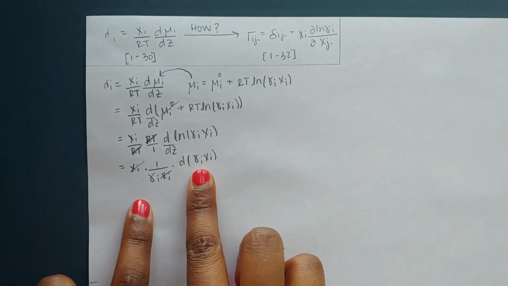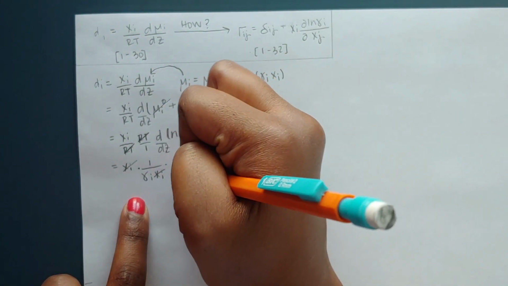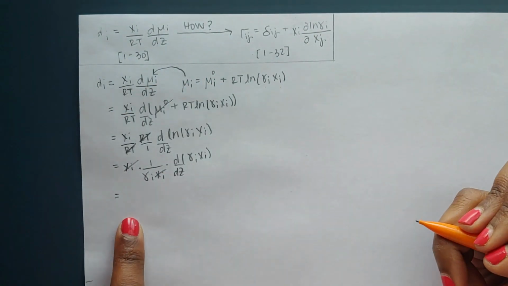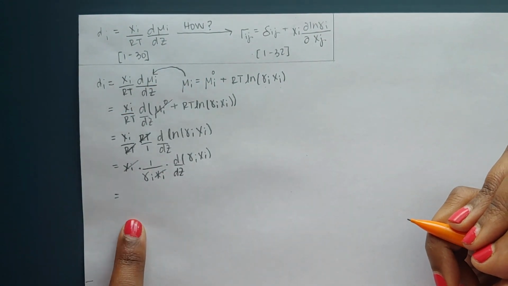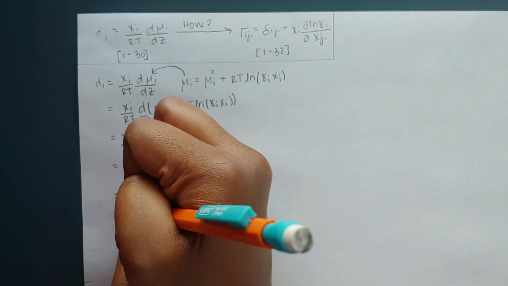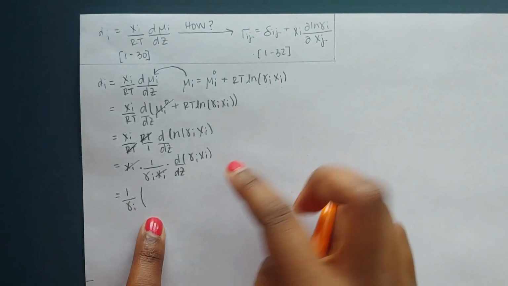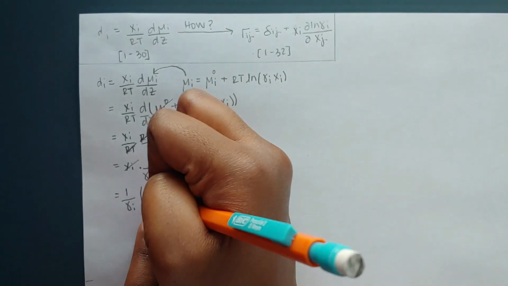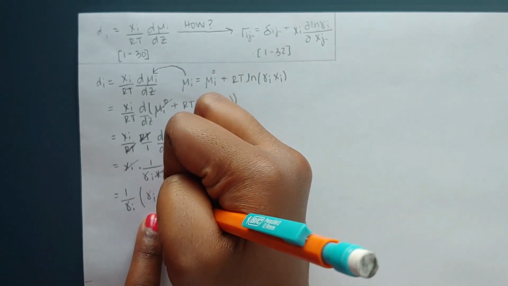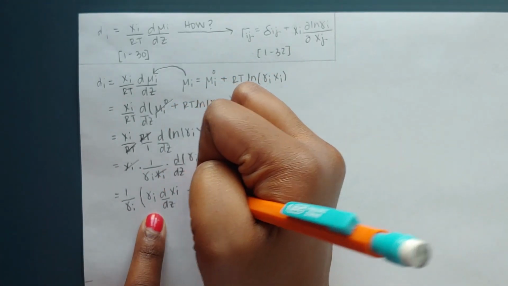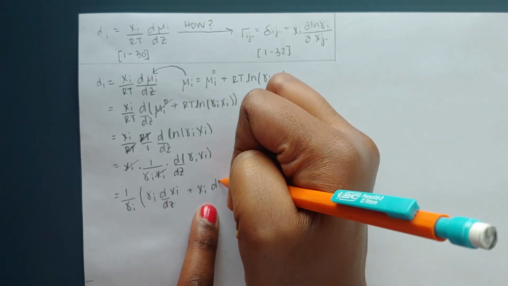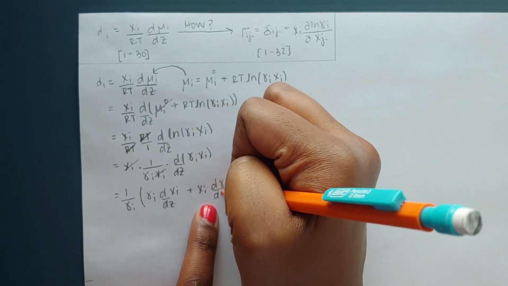So now we're going to take the derivative of this portion, which is equal to, pull this out. This is chain rule, so we're going to hold first the gamma constant, and then take the derivative of xi over dz, plus, then we're going to hold xi constant and take the derivative of gamma i over dz.